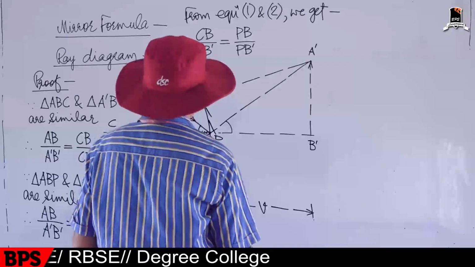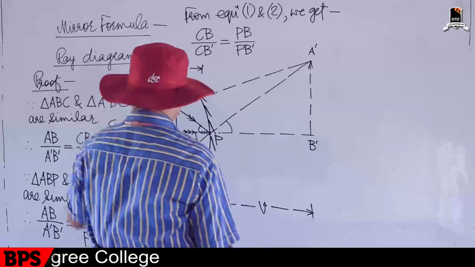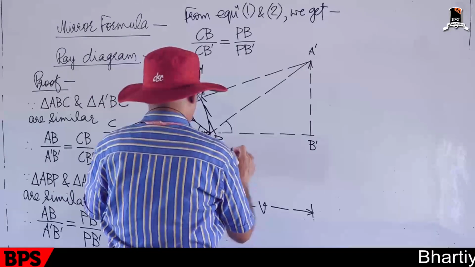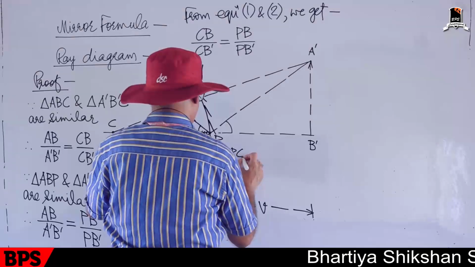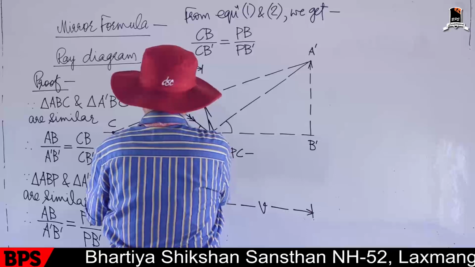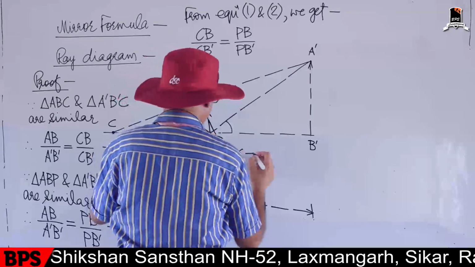So we may say that this CB can be written as PC minus PB.